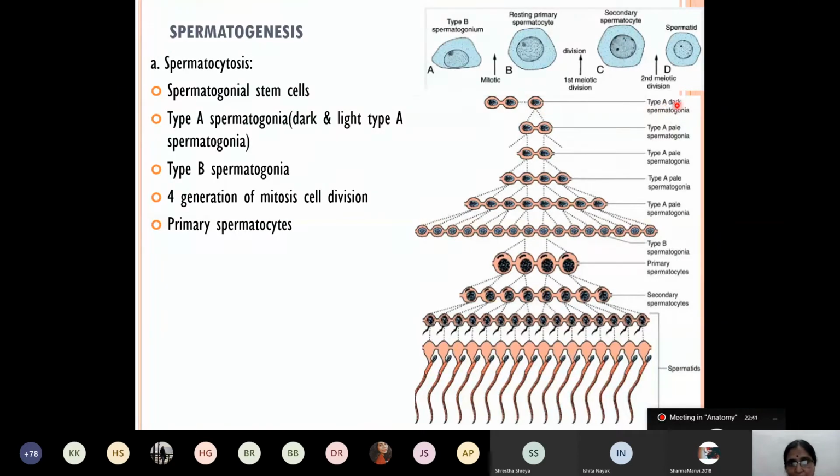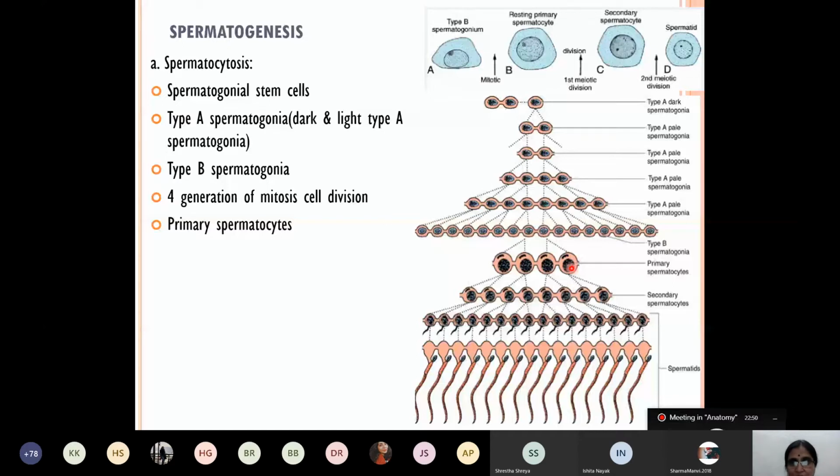Type dark A undergoes several mitotic divisions, about 4 generations, and finally gives rise to primary spermatocytes. From the level of the primary spermatocytes, only these undergo meiotic cell division. Is it clear?